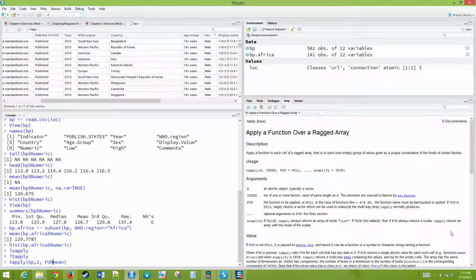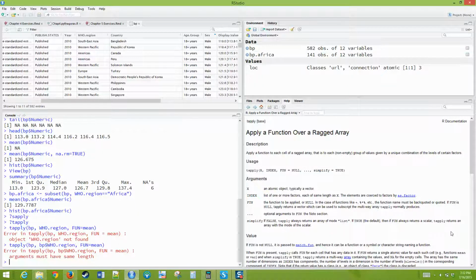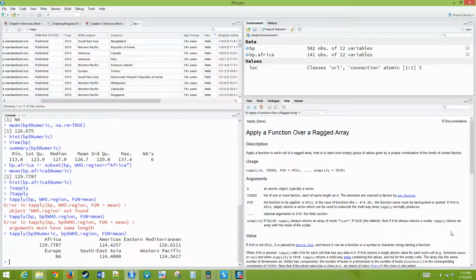Don't write this down just yet. Let me make sure this works. Let me see this. Must have same length. Oh, BP. We're going to do BP $. Yes, okay.